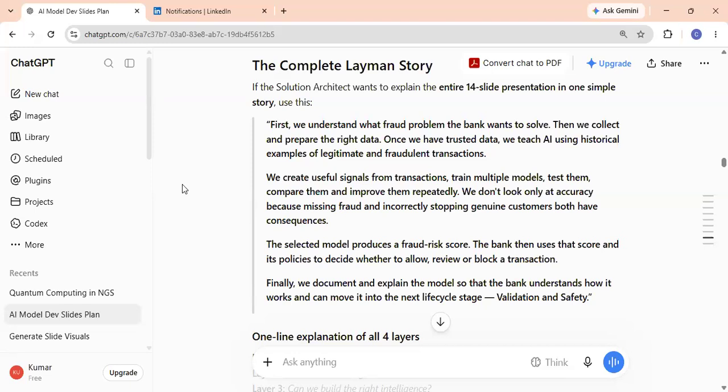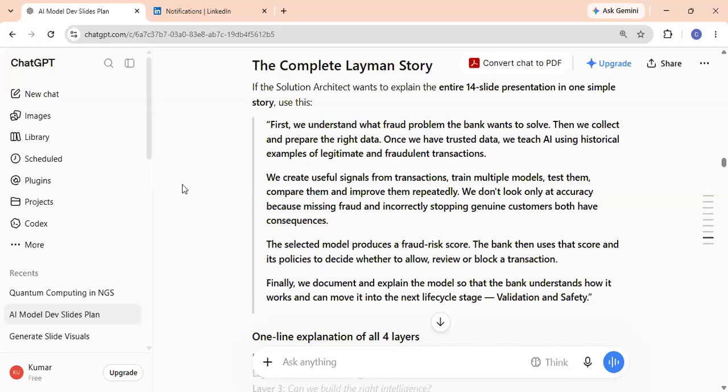We don't look only at accuracy, because missing fraud and incorrectly stopping genuine customers both have consequences. It means if a customer transaction is blocked, I'll get offended basically. Then what happens? I'll not use that particular card. I'll go to another bank card and use it. They are losing the money then.